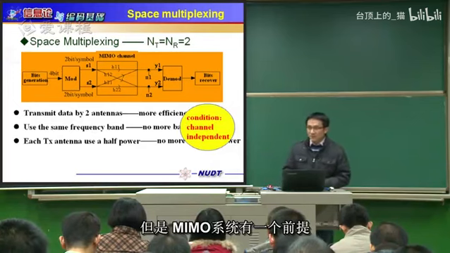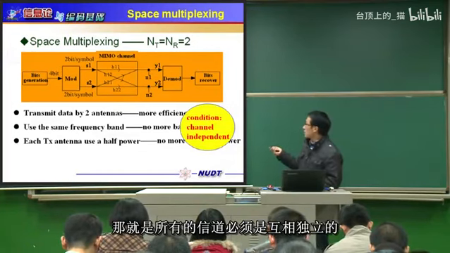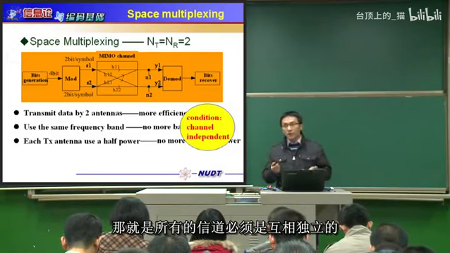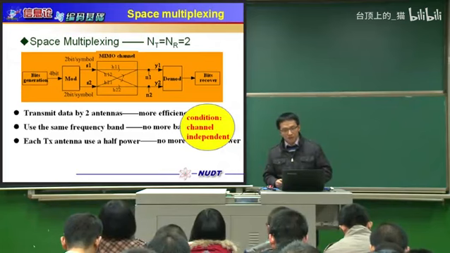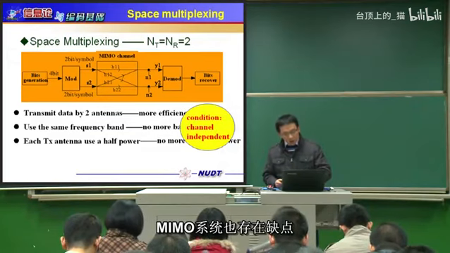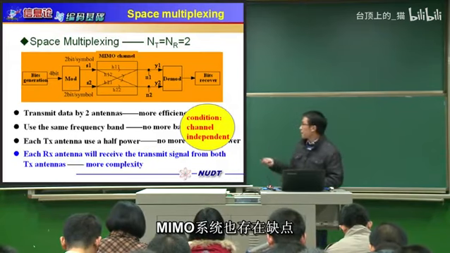There is a condition for the MIMO system to do that. The condition is that all the channels are independent of each other. And also there are disadvantages for the MIMO system.